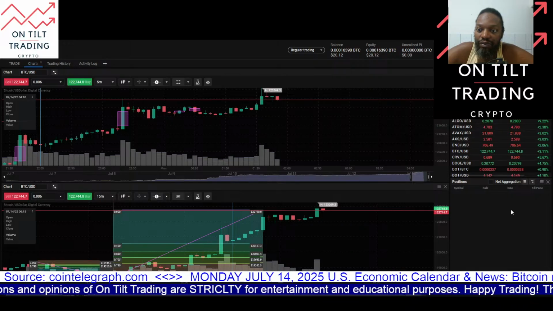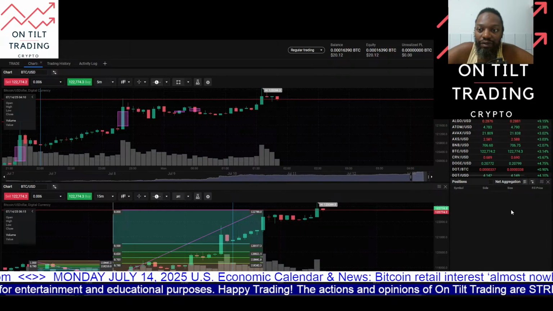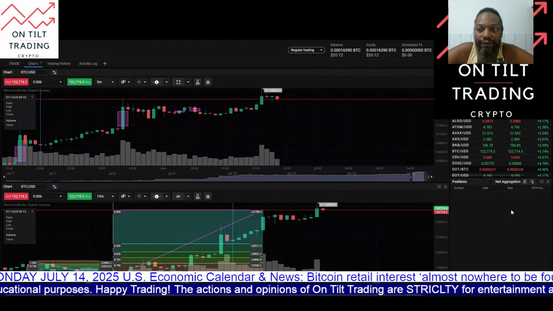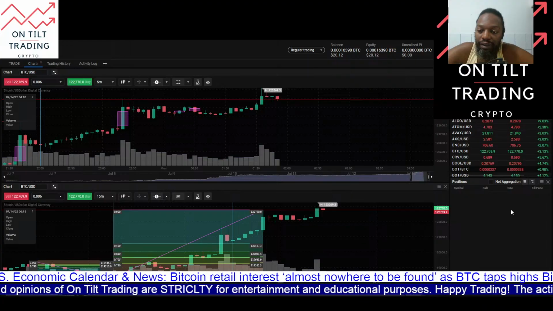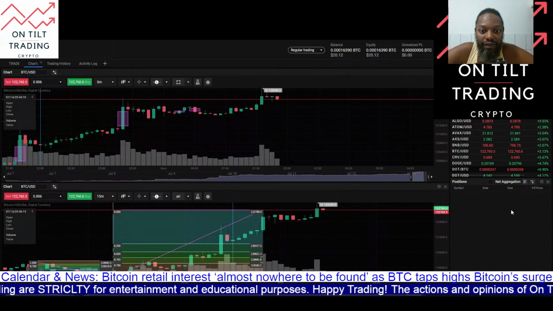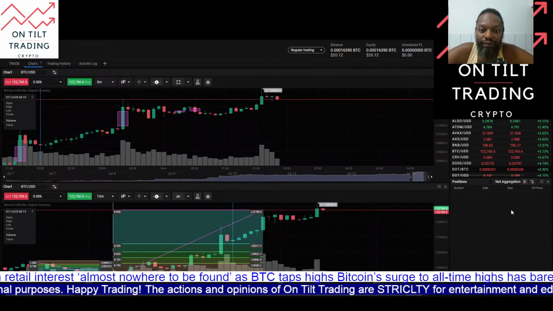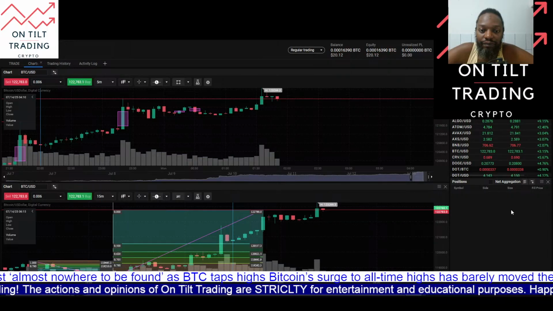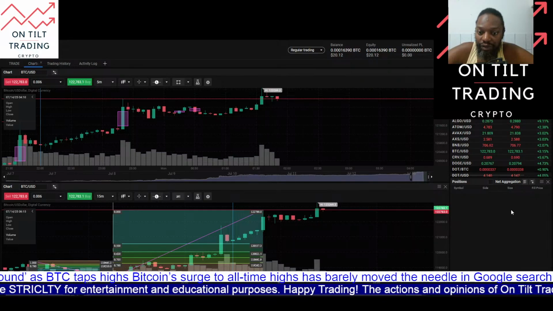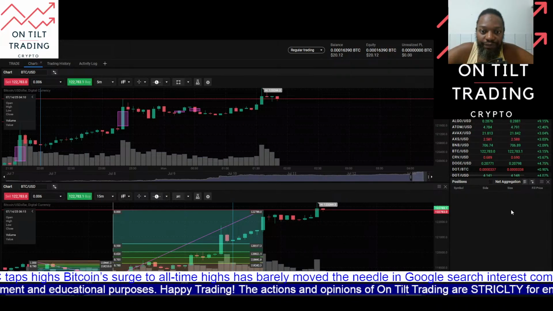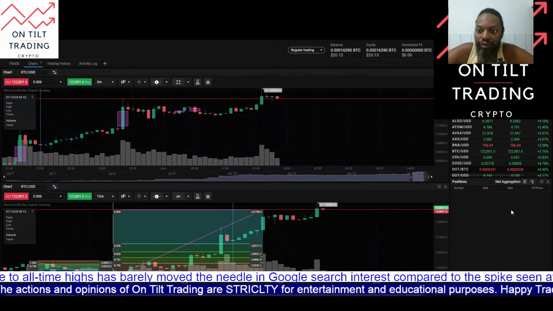Price trading in between the 122,720 and 122,750 levels currently, 122,780. Price consolidating here around the 122,750 level. Price also on this sweep put in a new all-time high. 122,800.